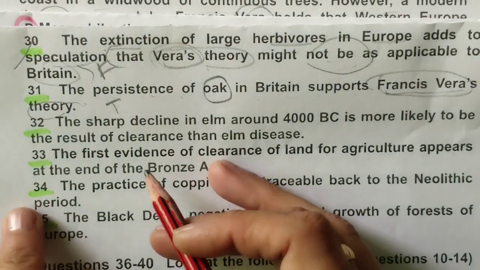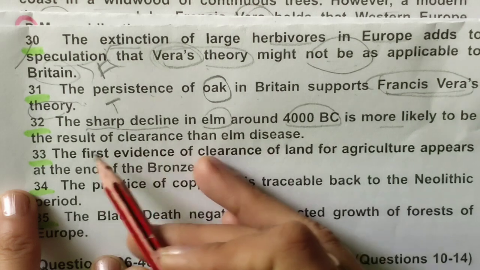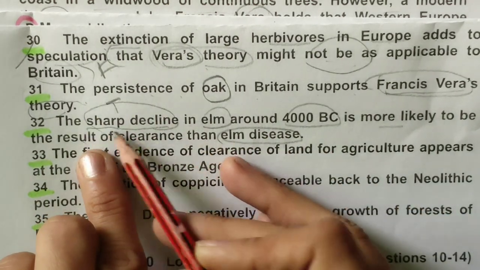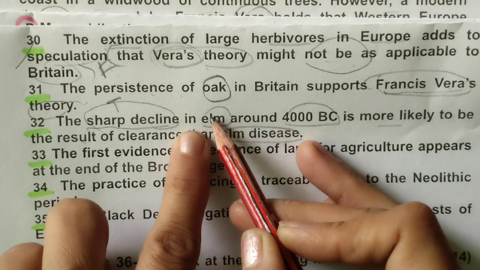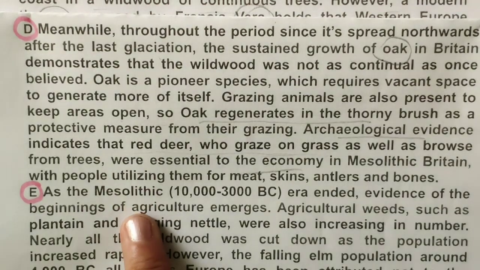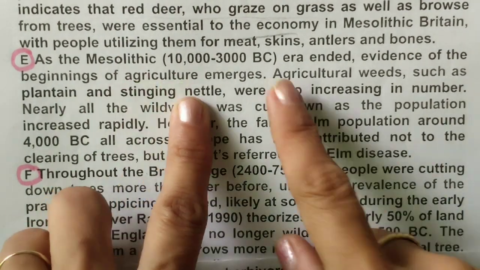Number 32: the sharp decline in the elm around 4000 BC is more likely to be the result of clearance than disease. Okay, sharp decline, first we will find this elm word, 4000 BC and disease also. In the next paragraph, let's move to E paragraph and find elm.